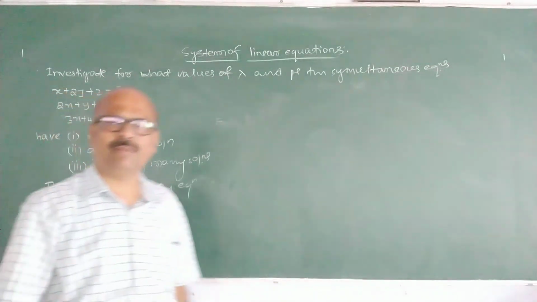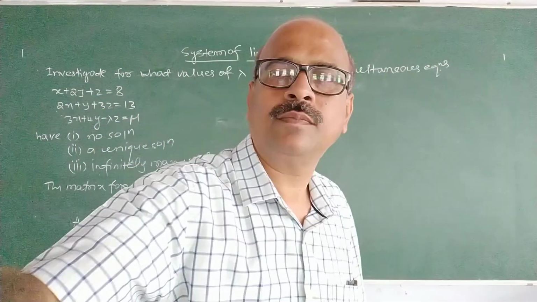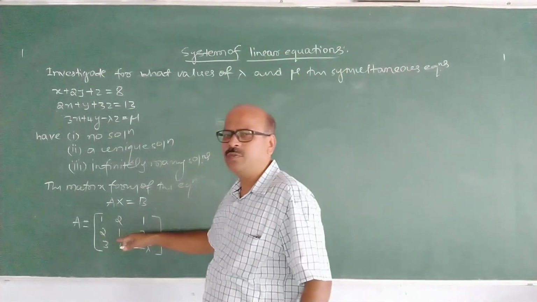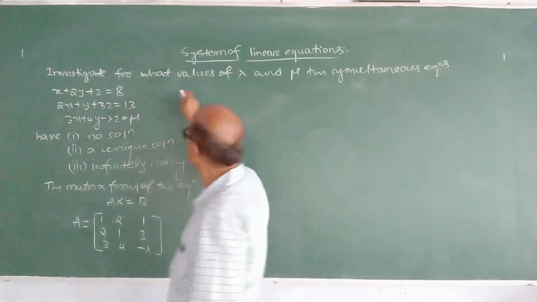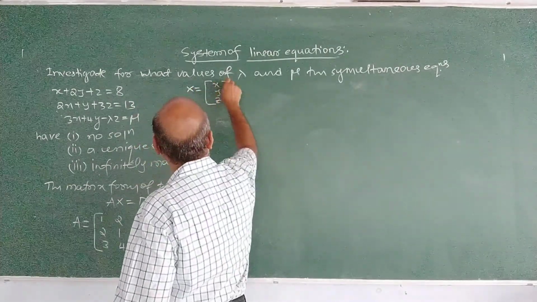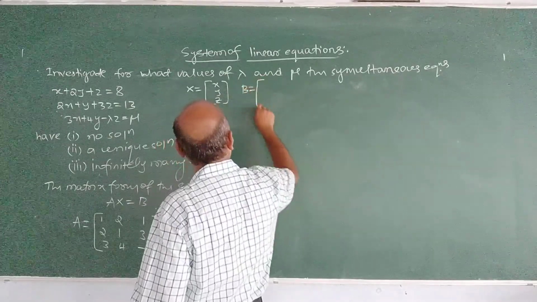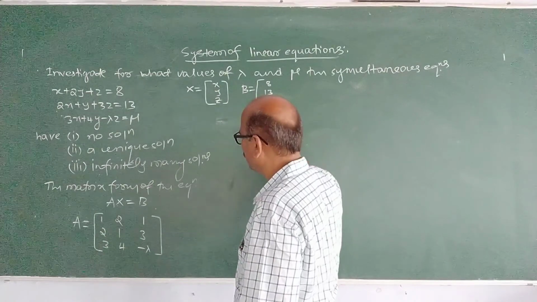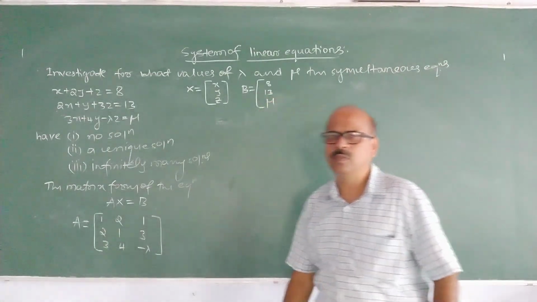X is a 3 by 1 matrix consisting of the variables x, y, z, and B is the matrix of constants 8, 13 and mu.